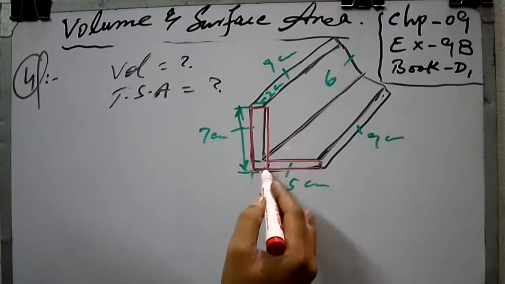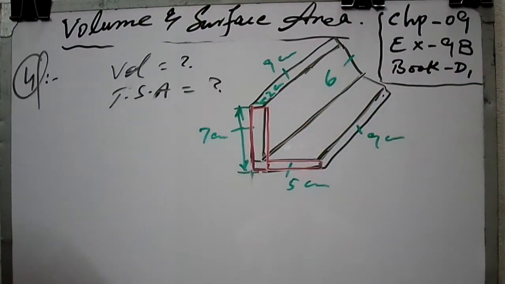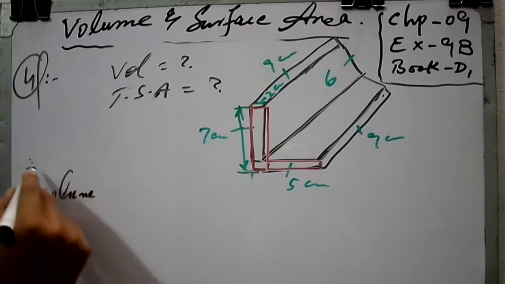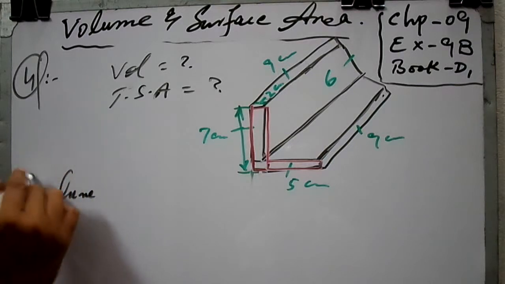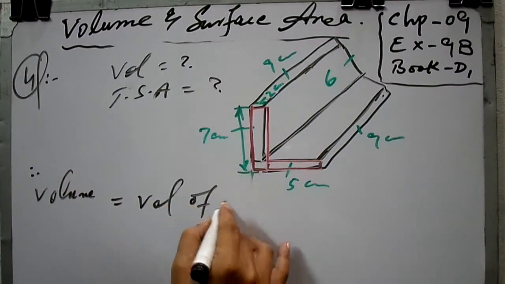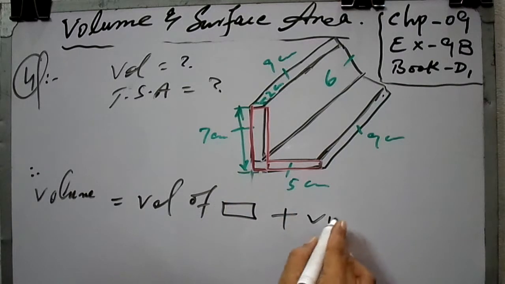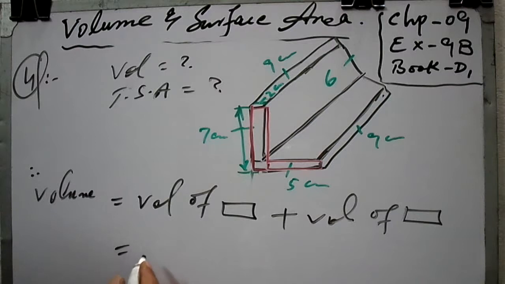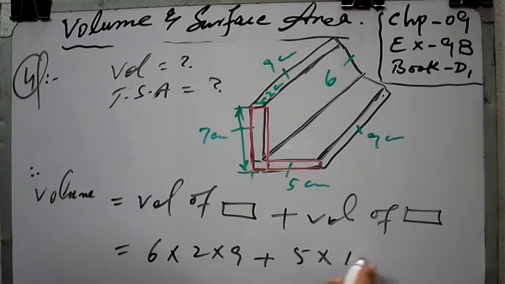If you take this, you can find the volume of both the rectangles. Therefore volume is equal to volume of rectangle plus volume of rectangle. So you have two rectangles here. One is 6 into 2 into 9 plus 5 into 1 into 9.